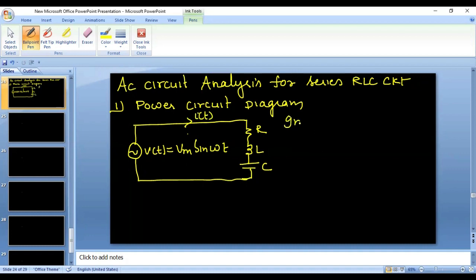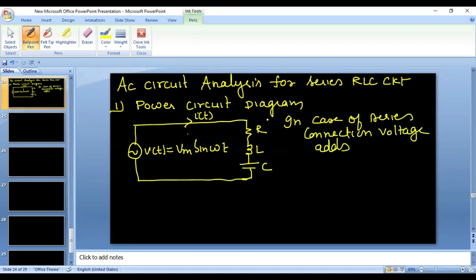Now in case of series connection, we know voltage adds. If the voltage across R is VR, voltage across L is VL, and voltage across C is VC, then the supply voltage VT is equal to VR plus jVL minus jVC.